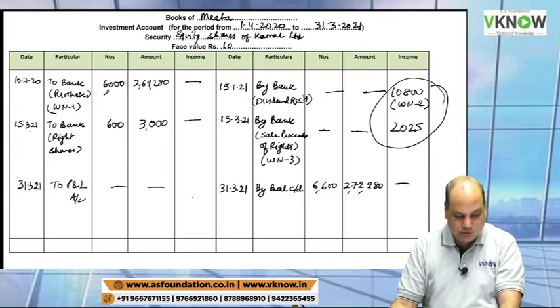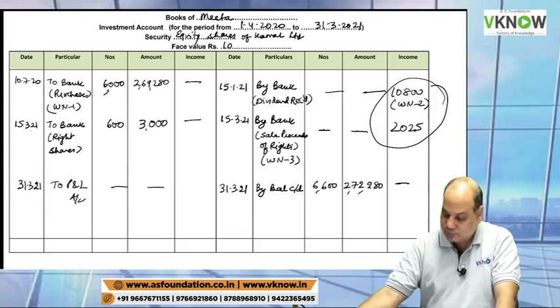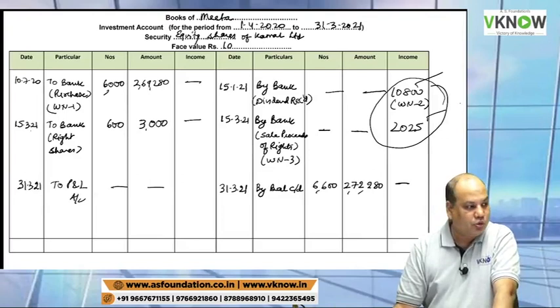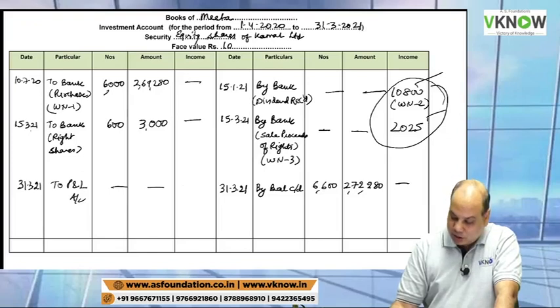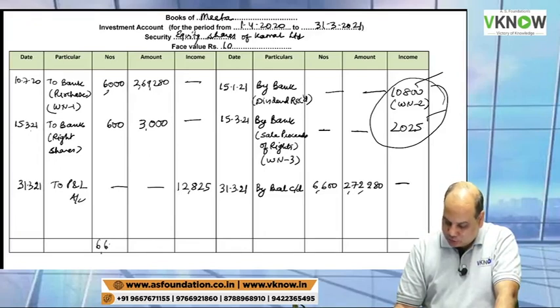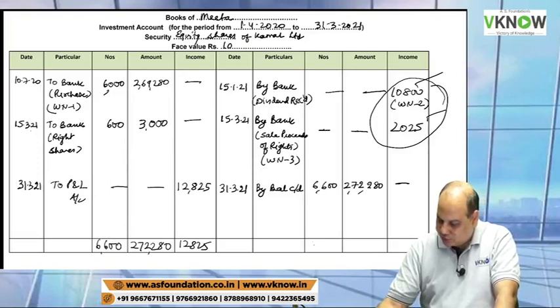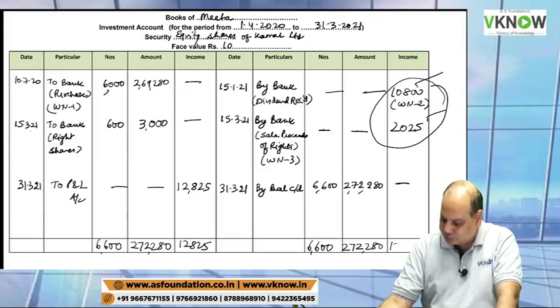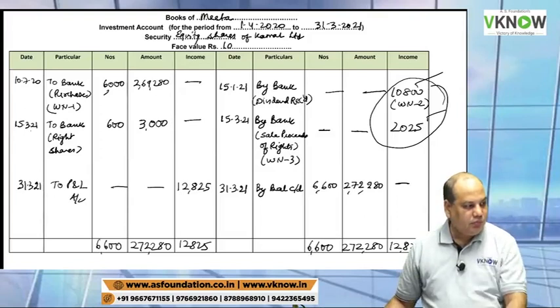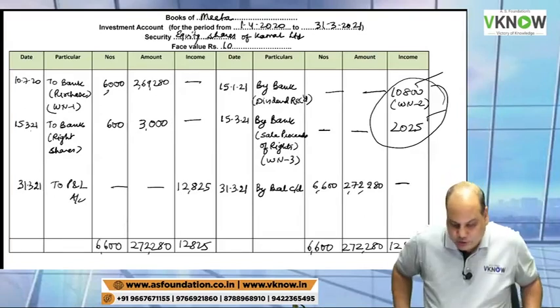Total income on shares is 10,800 plus 2025, that comes to 12,825. Now take the total of all these columns. Check whether they are tallying. Yes, 12,825 is right.